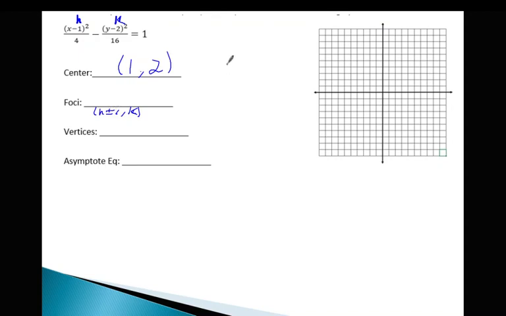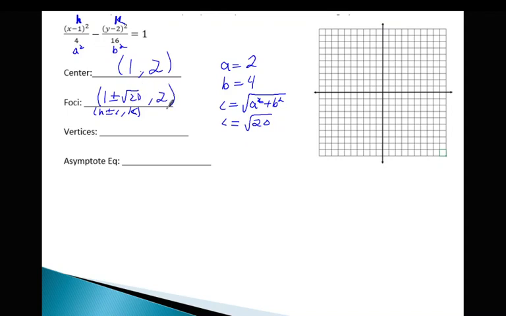Now, A is 2, because remember, A is always the first one in a hyperbola, B is always the second one. So A is 2, B is 4. We're going to need C, which is the square root of A squared plus B squared, which is the square root of 20. So my foci are at 1 plus or minus the square root of 20, comma, 2. My vertices are h plus or minus a, comma, k.